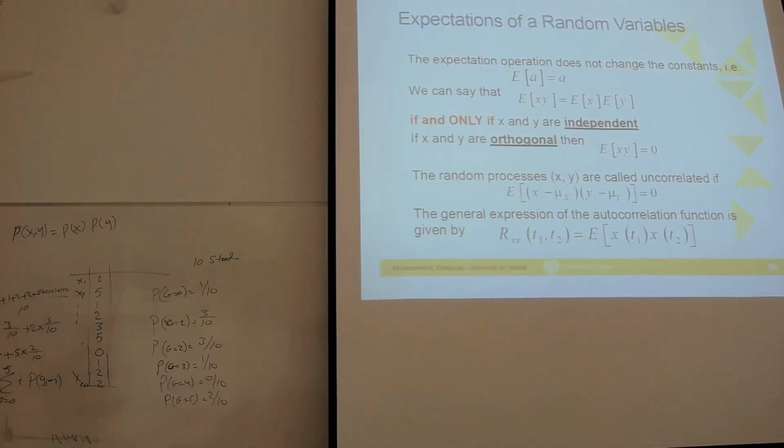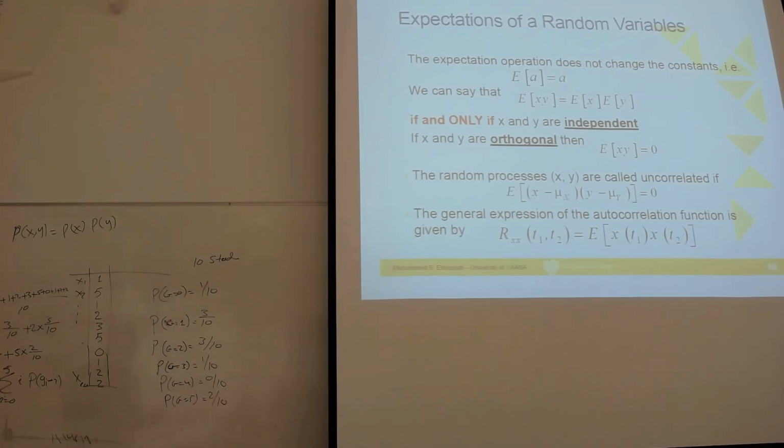The expectation has some general rules. The expectation of any constant gives the same constant. The expectation of the product of two random variables x and y equals the expectation of x times the expectation of y if and only if x and y are independent. Otherwise, you cannot do that.